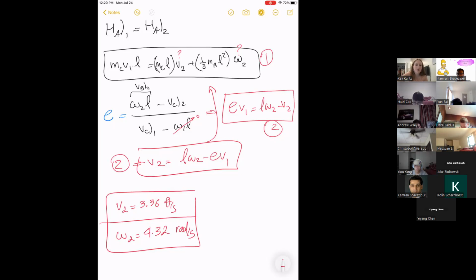I got the same numbers. You got? Yeah. Okay. Anyone else? So that is how you use conservation of angular momentum for eccentric impact. Okay. Any question?